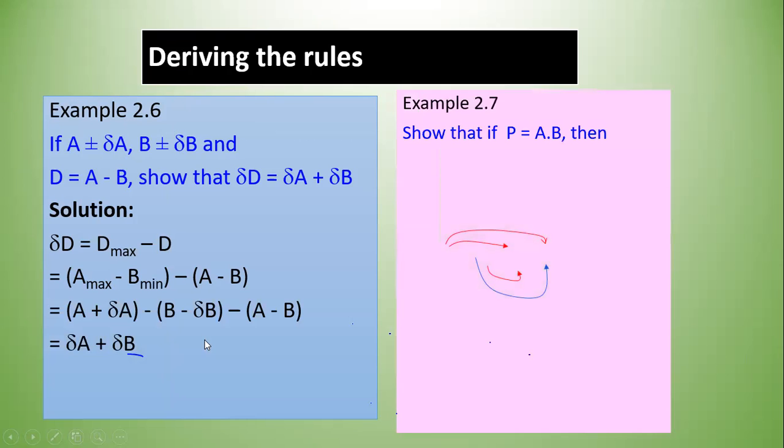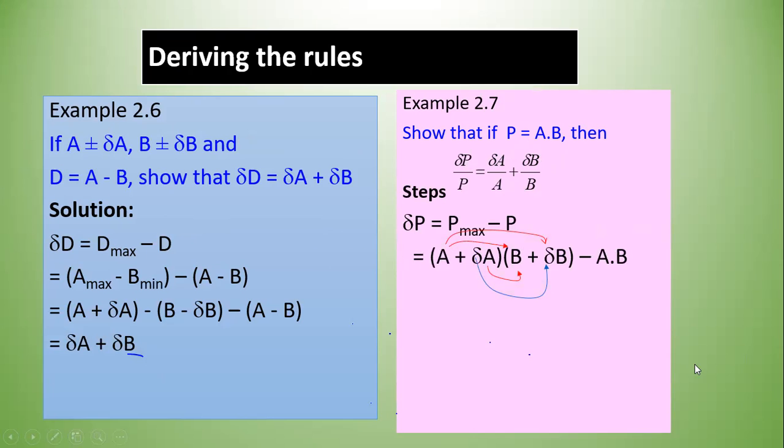Or another example, product: multiply A times B. We can show that we still have the same uncertainty. We want to show that delta P over P is delta A over A plus delta B over B. Right? We add the proportional errors. Steps: same thing. You want to find delta P, P max minus P. How to get maximum P?